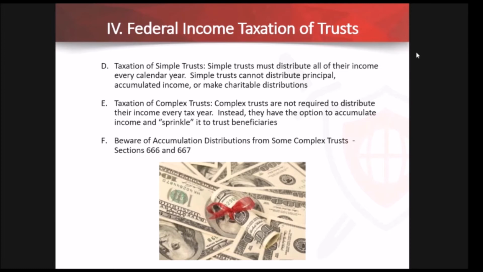The rules state that the first $1,000 in 2020 is like any other income in a given year. You push that out and the beneficiary pays the tax on that. The $500 of accumulated income, there's a special tax, the accumulation tax under IRC 666 and 667.